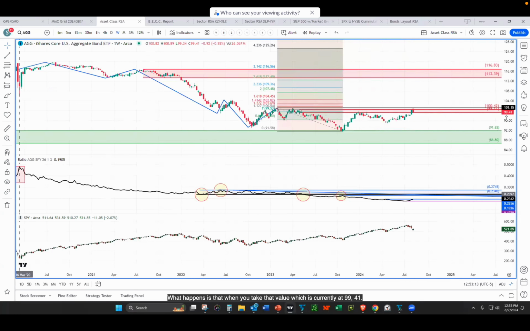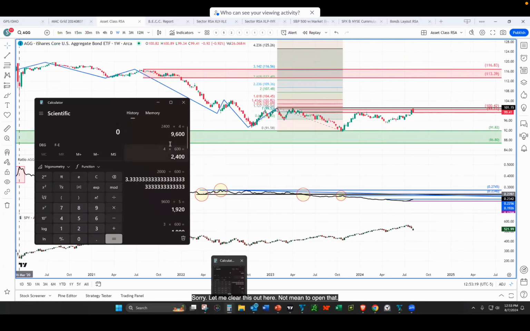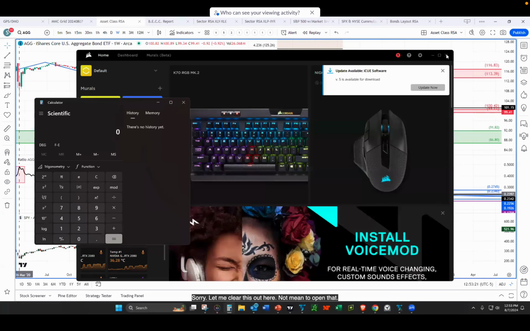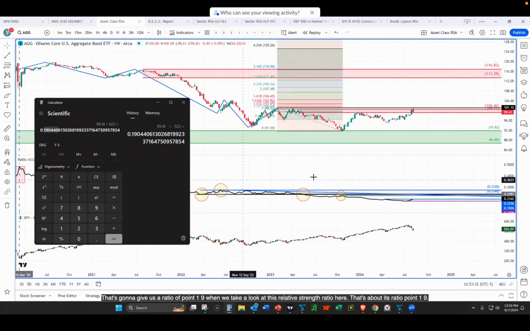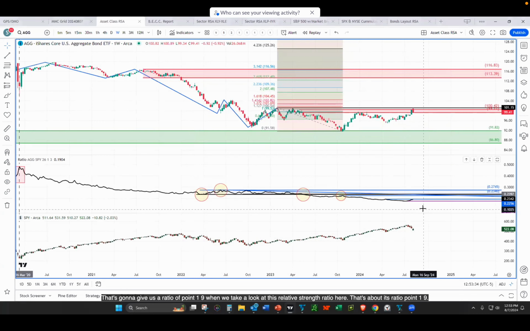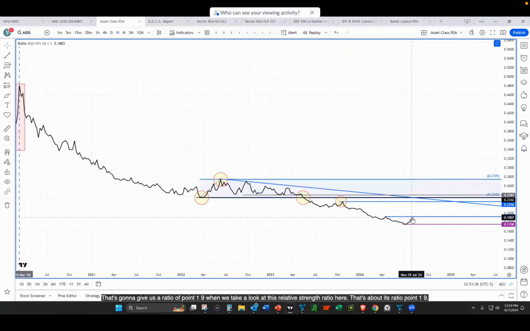What happens is that when you take that value, which is currently at 99.41, let me clear this out here. Did not mean to open that. All right, so if we take 99.41 and divide that by 522 even, that's going to give us a ratio of 0.19. Okay, when we take a look at this relative strength ratio here, that's about its ratio, 0.19.